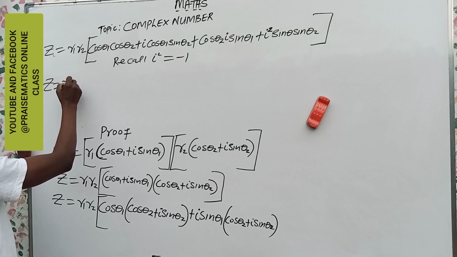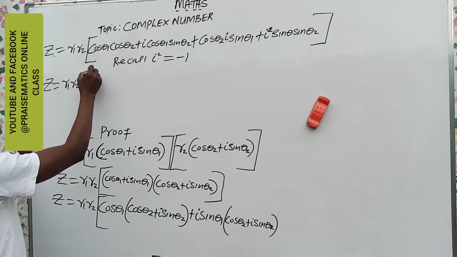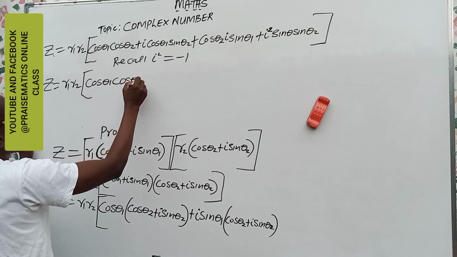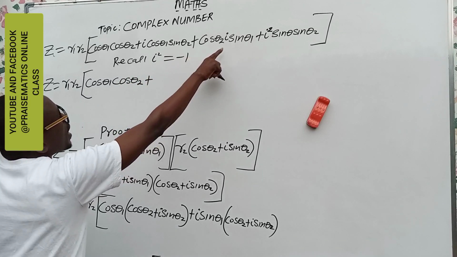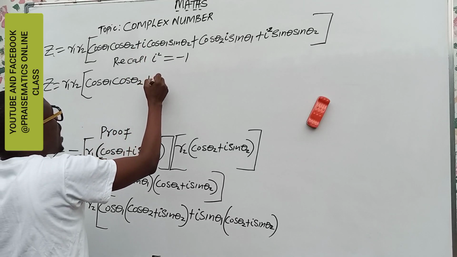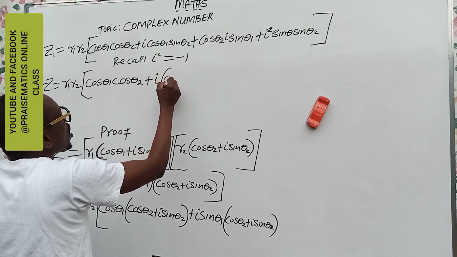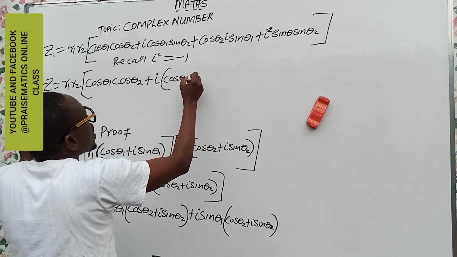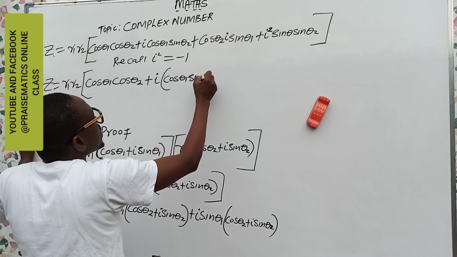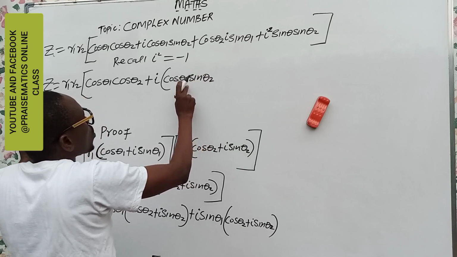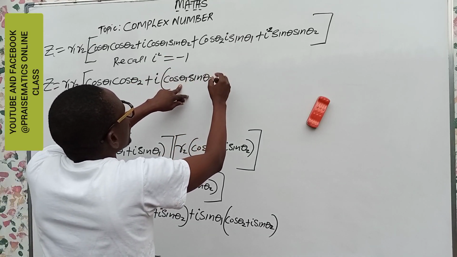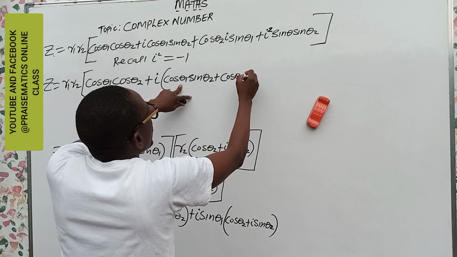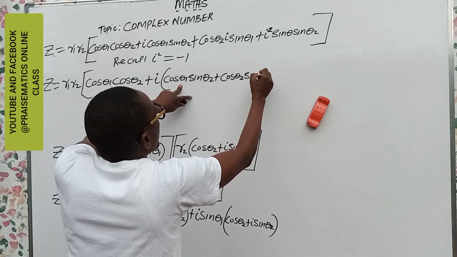Z is equal to R1 R2, the product of R1 and R2, into cos theta 1 cos theta 2, plus, there is an i present here, factor i out, which is i into bracket cos theta 1 sin theta 2 plus cos theta 2 sin theta 1.